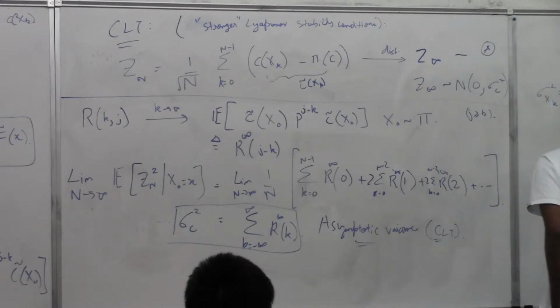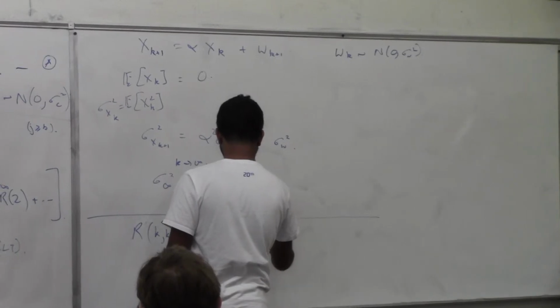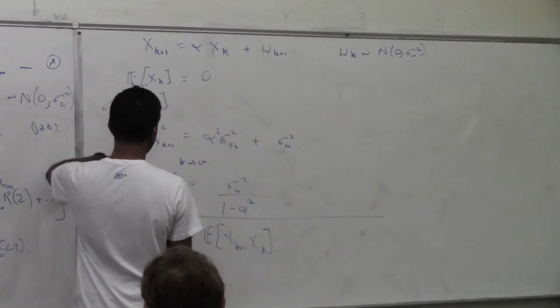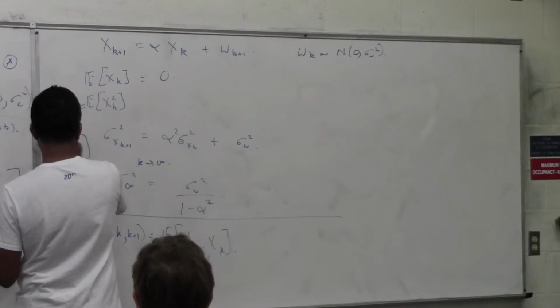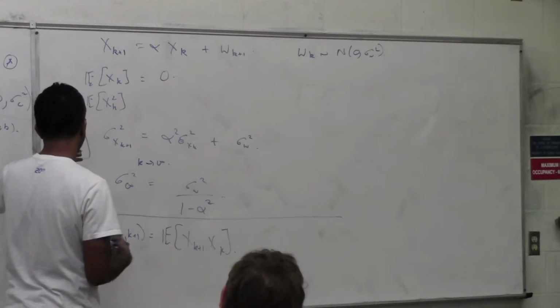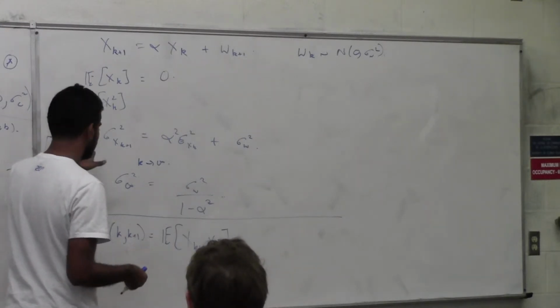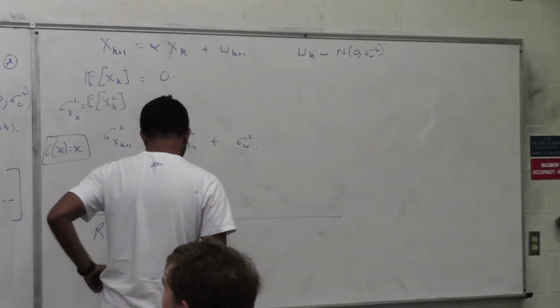I think you can show that r of k comma k plus 1 is equal to the expected value of x k plus 1 times x k. So again, in this context, let's say c of x is equal to x. Let's say you're trying to estimate the mean of this function x, and we're interested in calculating asymptotic variance.